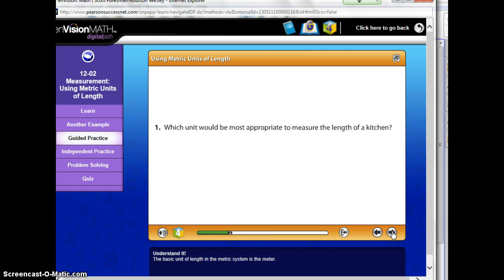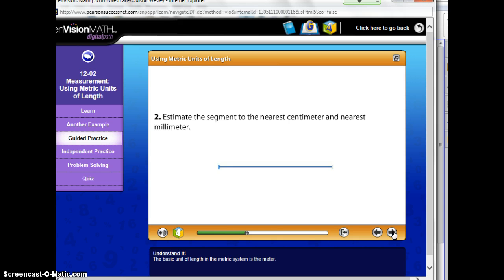Those are your 4 choices. What would you use to measure how long your kitchen is? Kaden? Meters. That's right. It's going to be more than one of these, isn't it? How about if you came up here right now, which of those units would you probably measure this with?